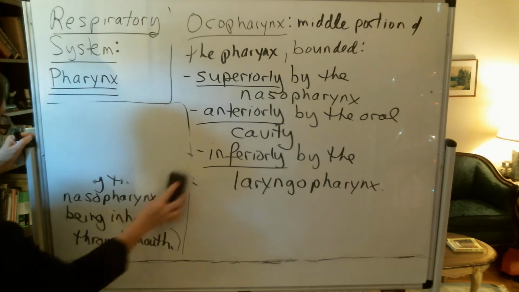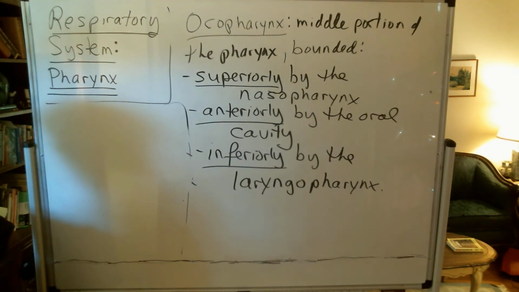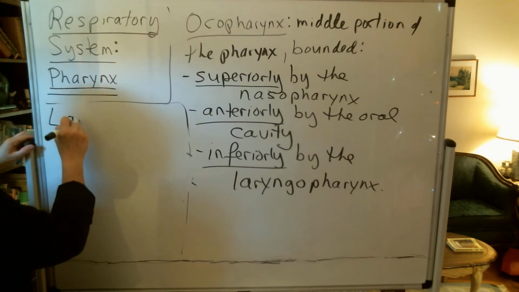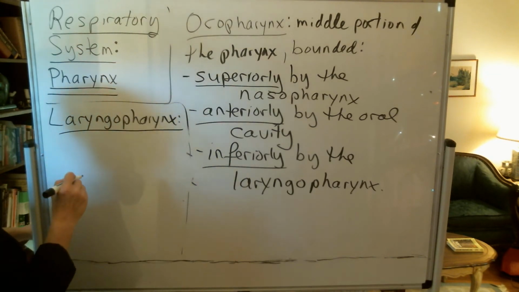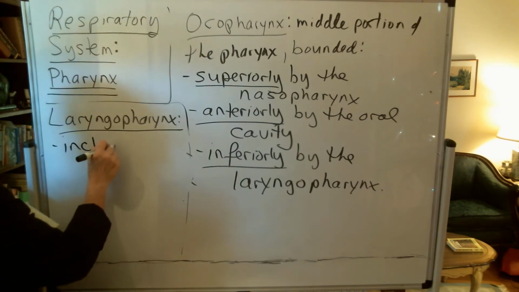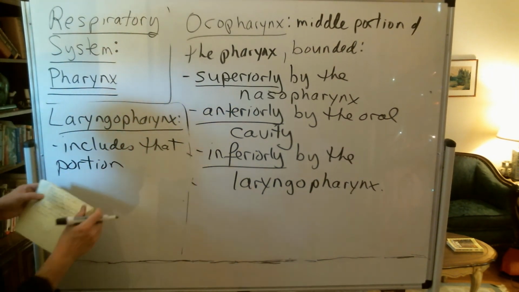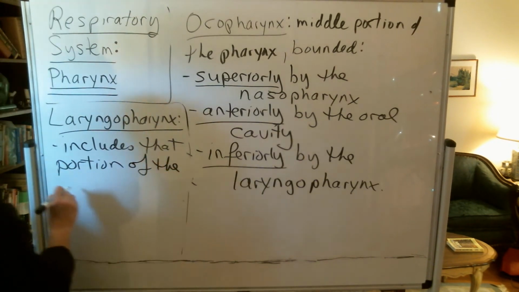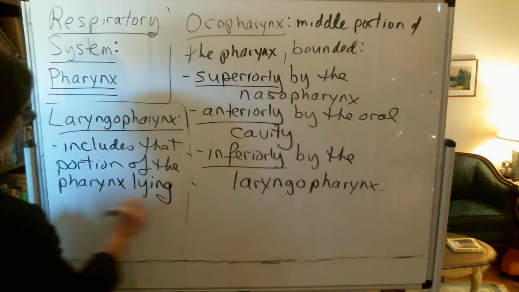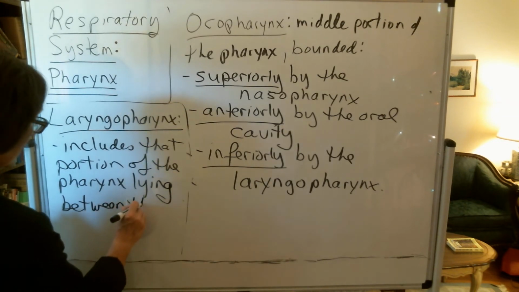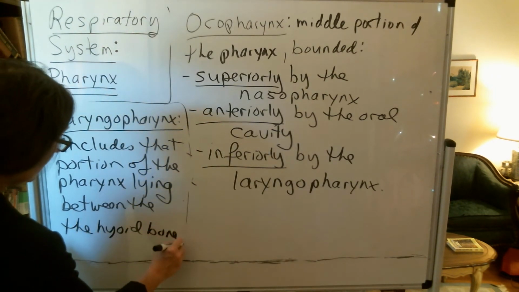Now we'll talk about the laryngopharynx. So the laryngopharynx then includes that portion of the pharynx lying between the hyoid bone.